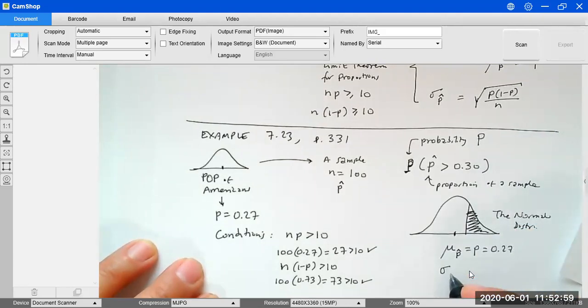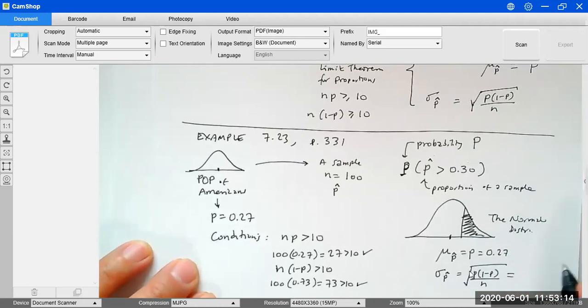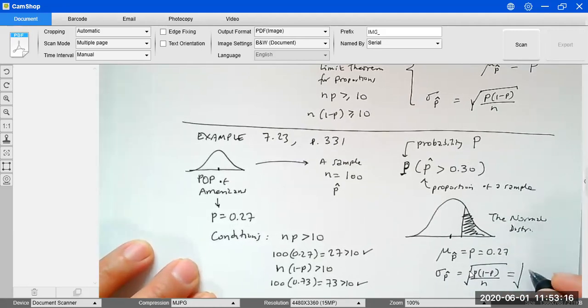The standard deviation for this distribution of proportions is the square root of p times 1 minus p over n. So this is the square root of 0.27 times 0.73 over 100.